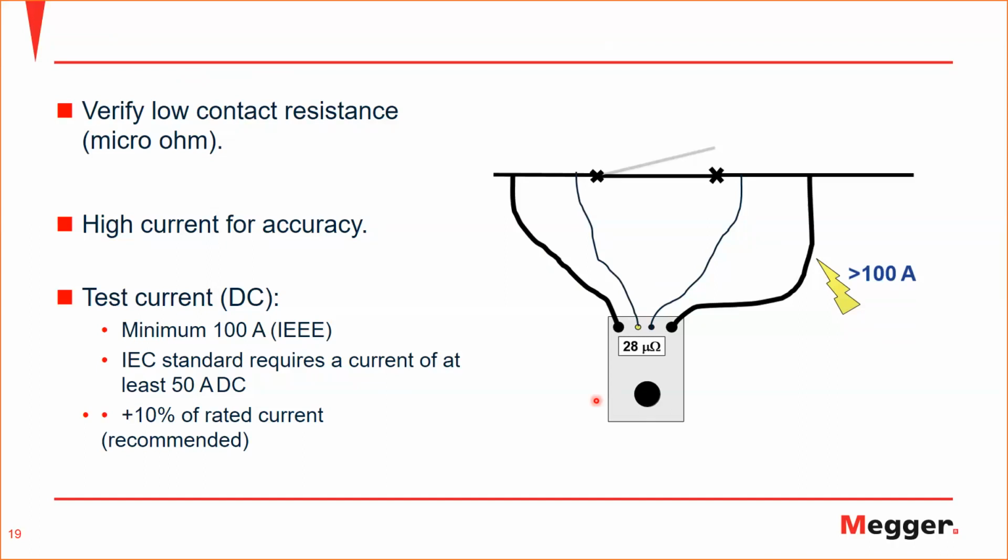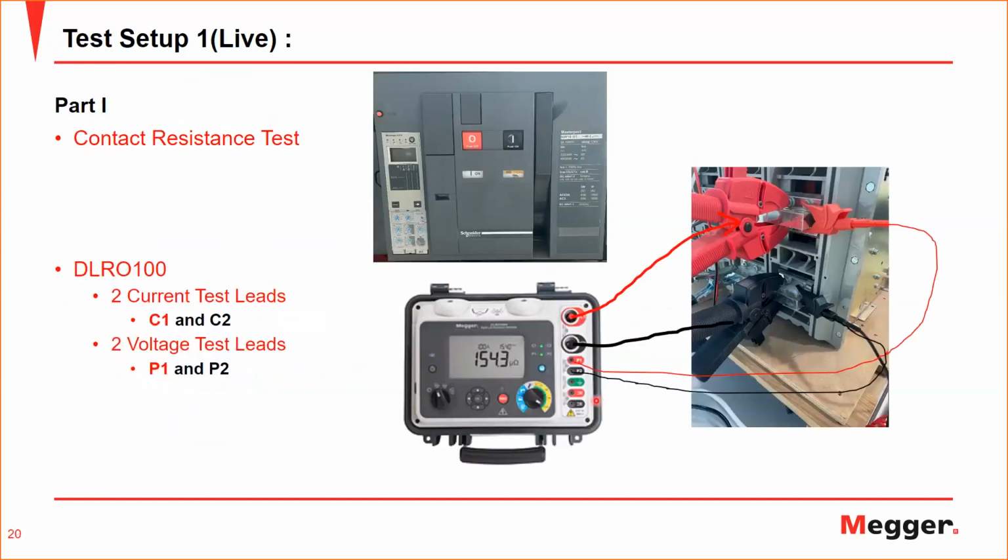We had to use an instrument that can inject up to 600 ampere to get a consistent reading, a value that we can depend on for this test. So we have a live test set up for us today that we are going to connect and do the test and measure. I have with me our test equipment called a DLRO.